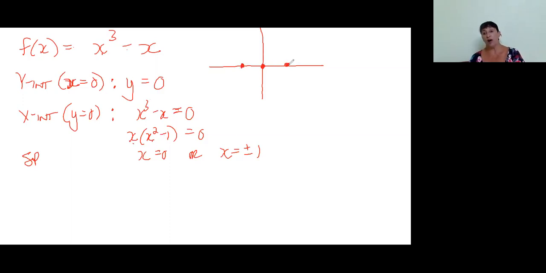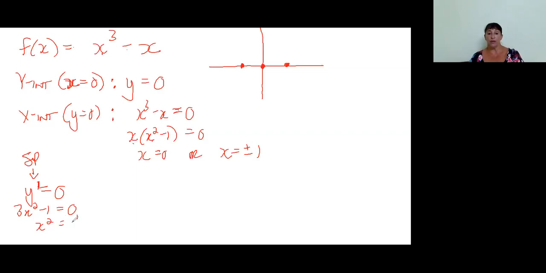All right, so far I have those 3 points that the graph goes through. I now need to find my stationary points. Stationary points is where the derivative equals 0. Okay, so where the derivative is 0. And the derivative is 3x squared minus 1. And that's quite easy to solve.